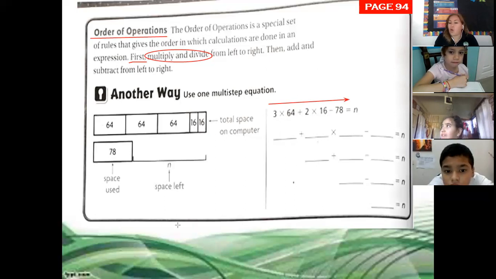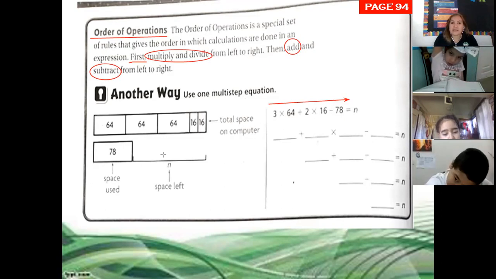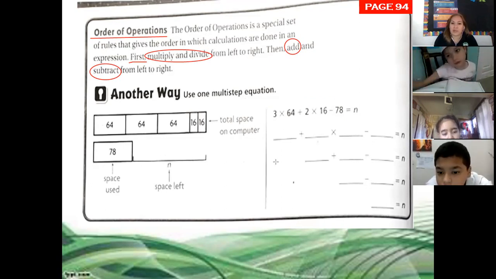After you do all the multiplications and the divisions you have in the problem, you add and subtract. Y aquí igual, de la misma manera. Si le sale primero la suma, suma. Si le sale primero la resta, resta. Okay? Like that. So, as you can see here in this problem, there are two multiplications.